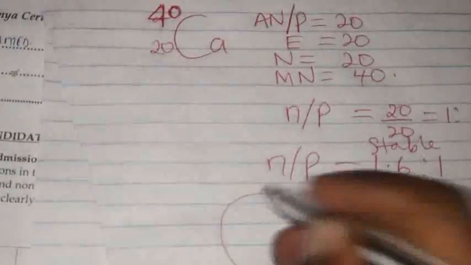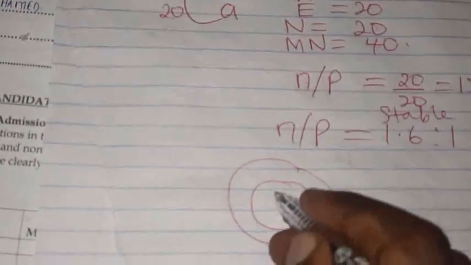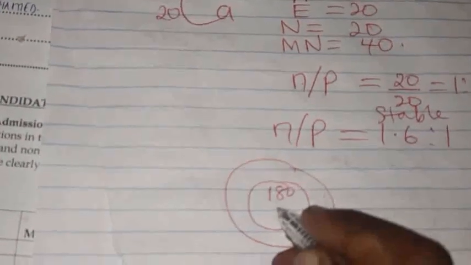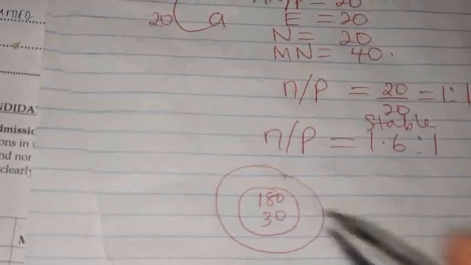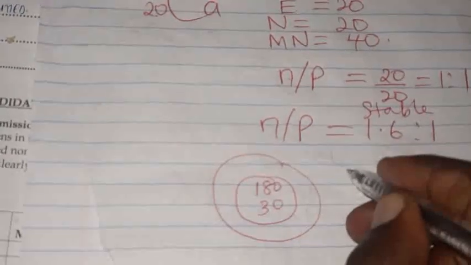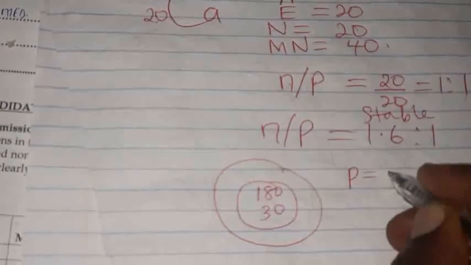Imagine you have this case here. You have an atom of an element, and there is a nucleus here. Let's use this as an example to better explain it. Let's say the proton number is 180 and the neutron number is 300.